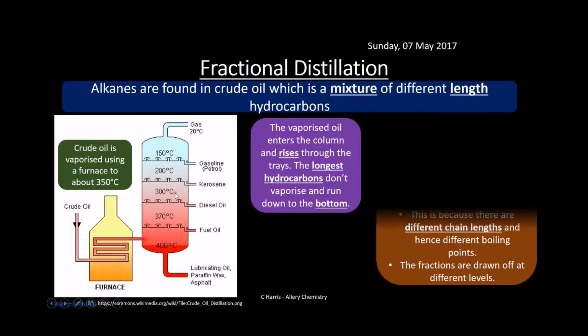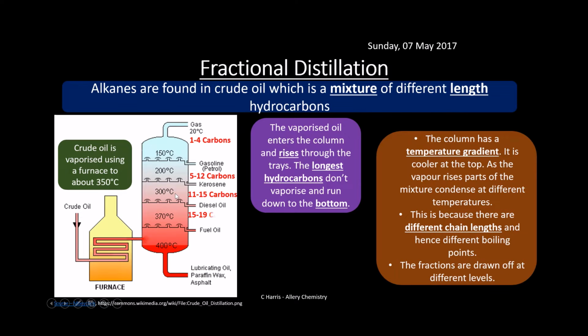Now this is really important, because we've got to be able to separate these different hydrocarbon lengths. The column has a temperature gradient. That means as we go up towards the top of the column, it's cooler, and towards the bottom of the column, it's warmer. The vapor rises, and when it rises, it condenses at these different temperatures.